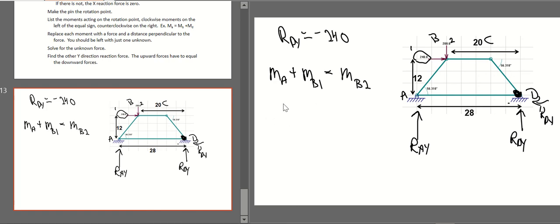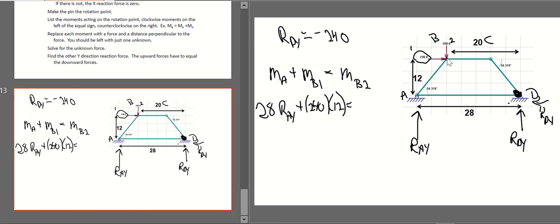Okay, let's pop this baby out of here. All right, so my moment at A is going to be, here's my perpendicular distance, 28 RAY. Moment at B1 is going to be 240, perpendicular distance going to be 12.